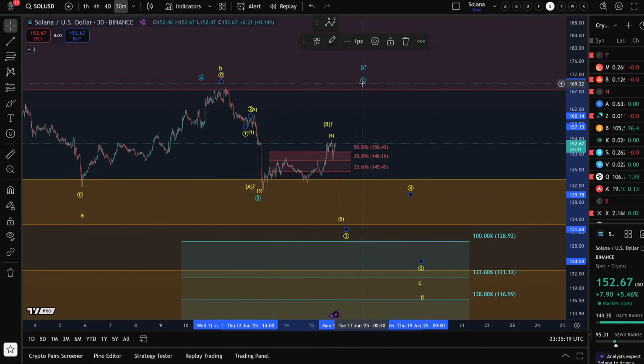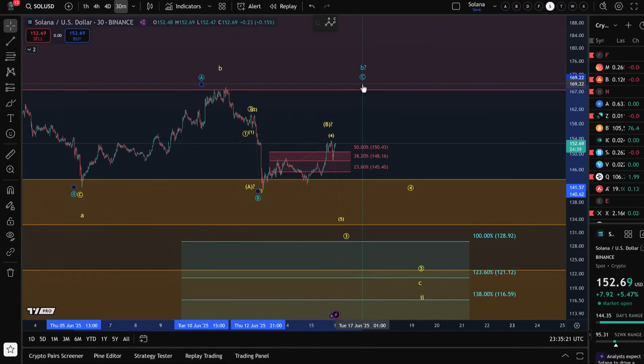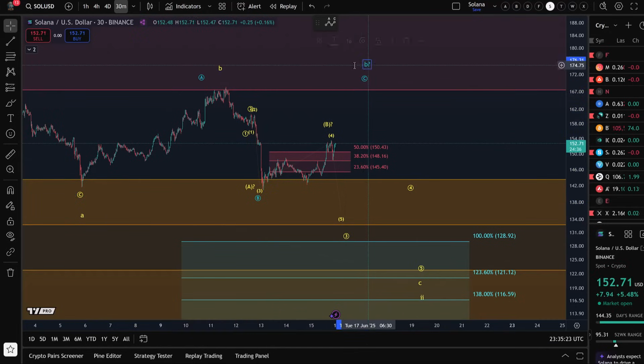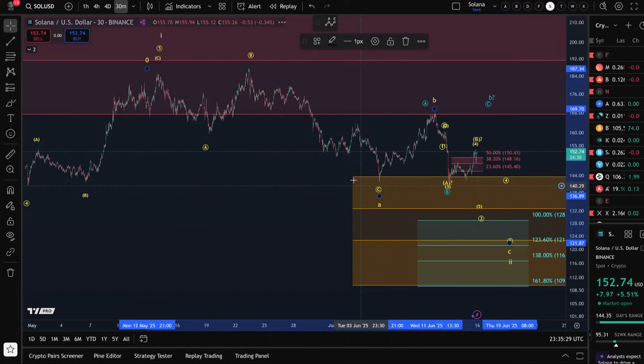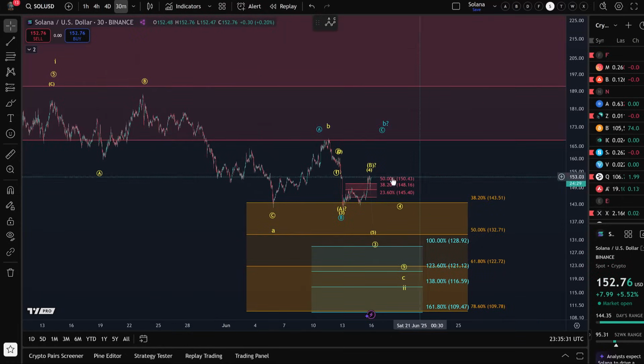Or even whether this is a C wave up in the larger B wave, so this B extends. That's all part of a correction. It's even possible that whatever's happening here is a triangle. Because 3 waves up, 3 waves down, and if we now rally higher, form a lower high, then this starts to become a scenario to track.